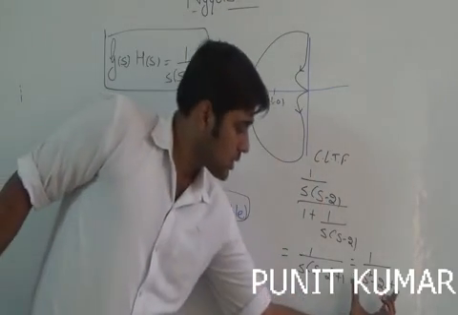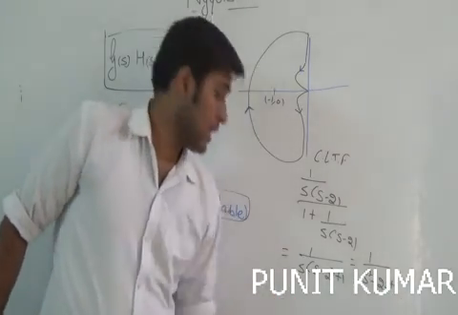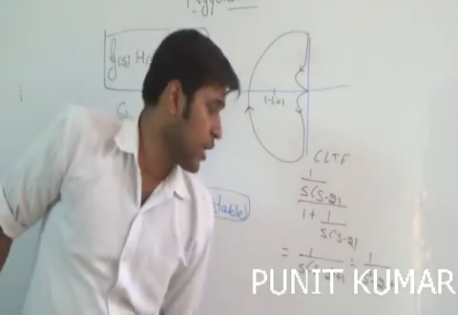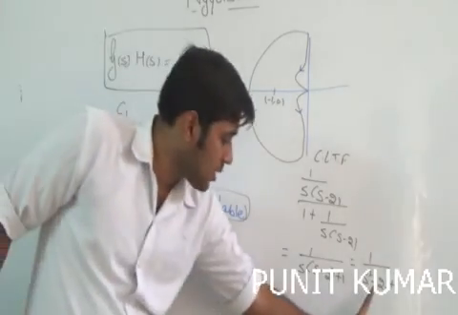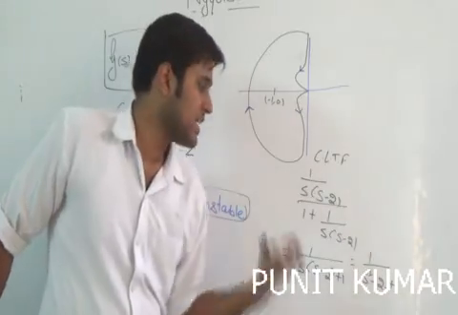The poles of this transfer function, मतलब इसके जो roots आएंगे, they will lie in the right hand side of the transfer function as negative terms comes here. इसके जो roots आएंगे वो right hand side में होंगे.